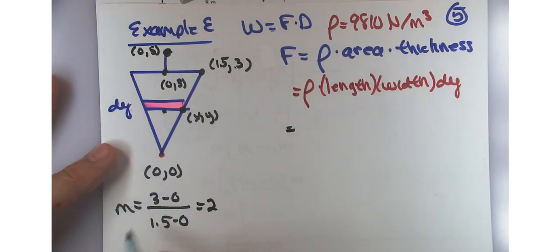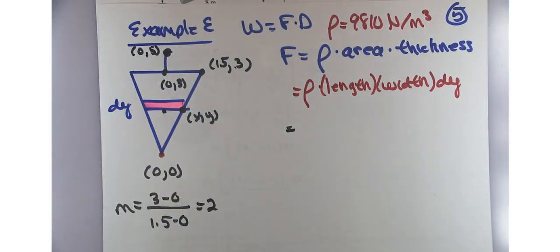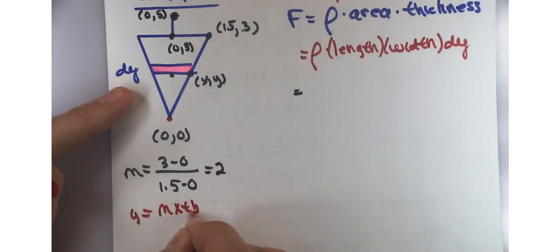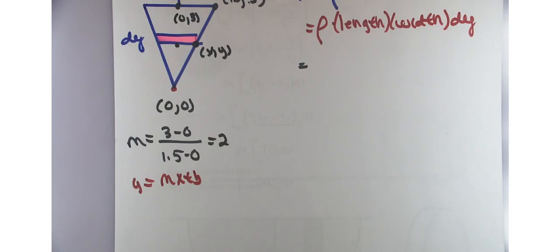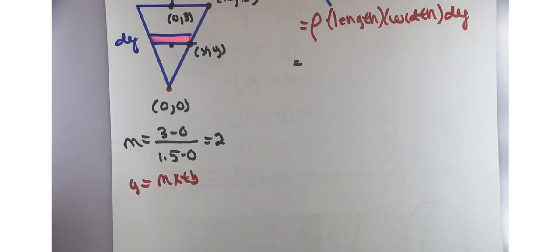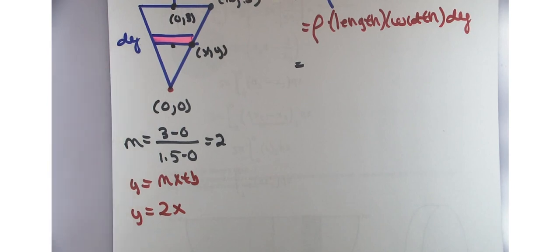Because this is a line that goes through the origin, typically the equation of our line is y equals mx plus b, but I get a pass on the b for this problem, right? Why do I get a pass on the b? It's 0. So the equation of our line is just y equals 2x. And you can still get that by putting it into the other formula that we used on the last one? Yeah, you can get that by putting in the other formula as well. There's nothing wrong with using the point slope form of a line.